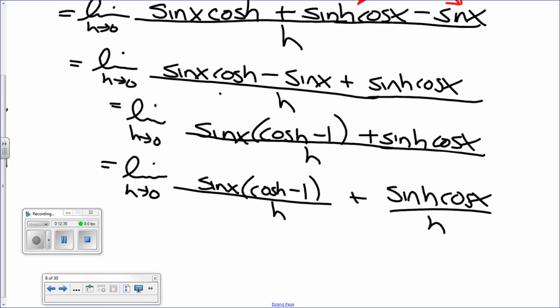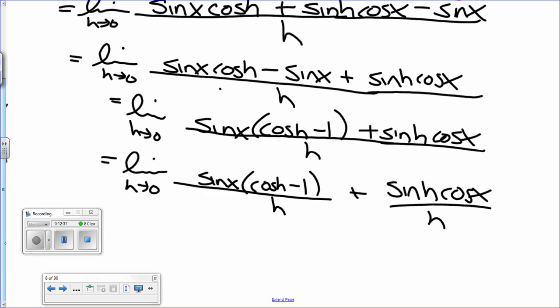Because the great thing about limits is that you can take the limit of each term separately. Now, when you take the limit as h approaches 0, it doesn't affect anything with x's, okay? So what we're going to get when we take the limit of the first term is the sine of x times this limit. The limit of cosine h minus 1 over h as h approaches 0. That was 0.